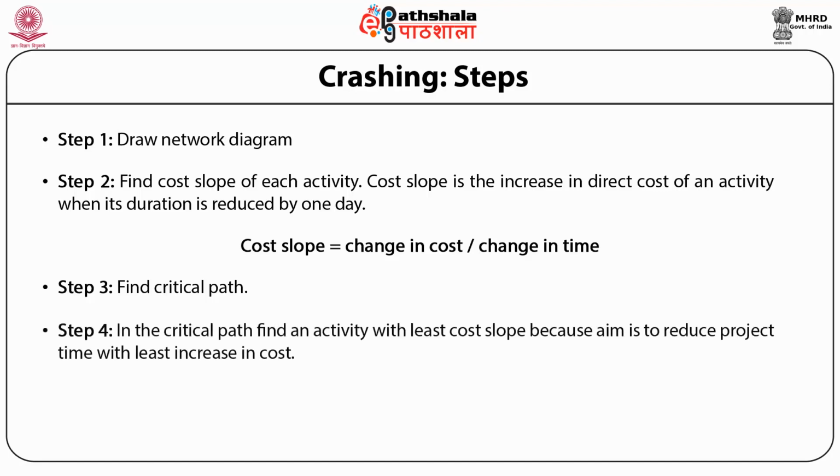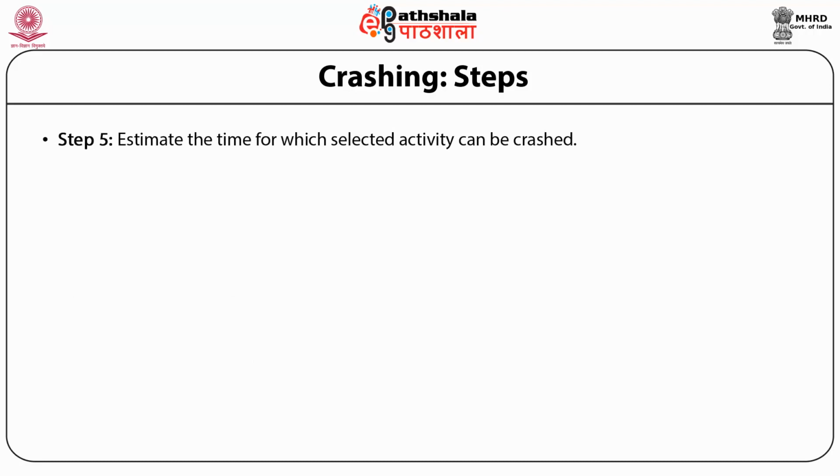Step 4. In the critical path, find an activity with the least cost slope because the aim is to reduce project time with least increase in cost. Step 5. Estimate the time for which the selected activity can be crashed.